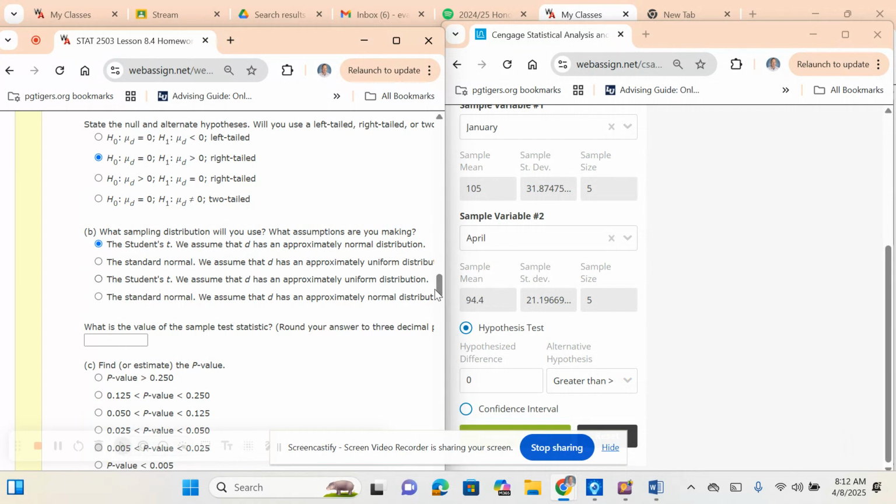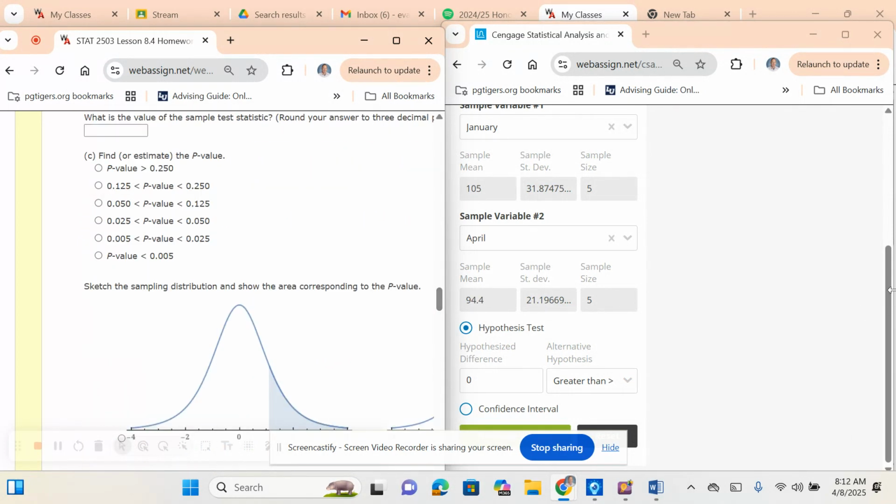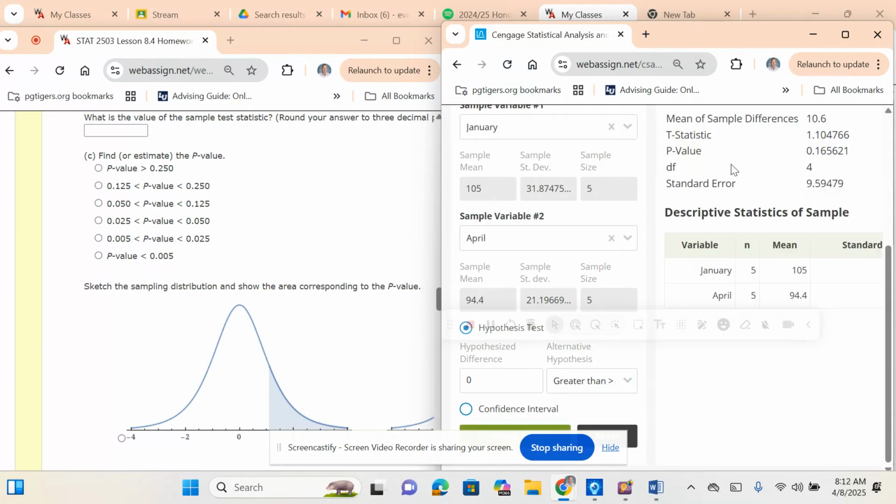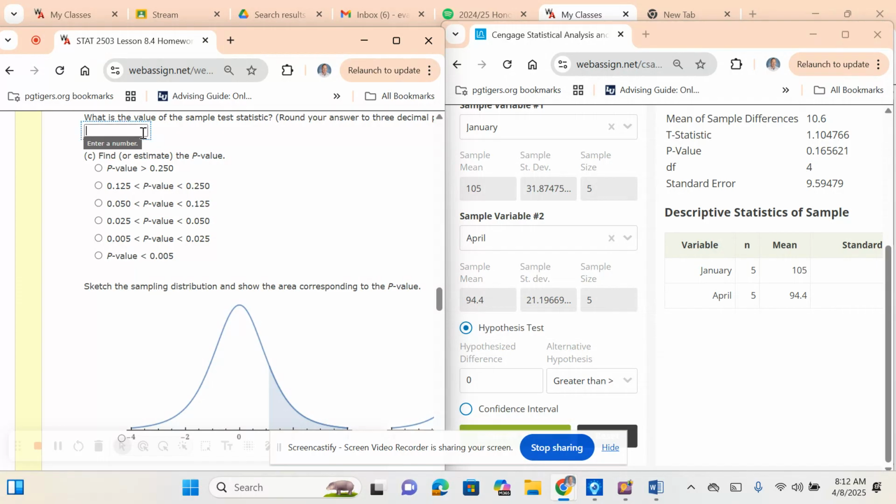So it's a right-tailed test. We have a t statistic of 1.105 and a p-value of 0.1656. That's between 0.125 and 0.250.